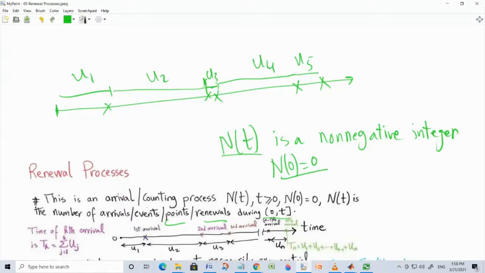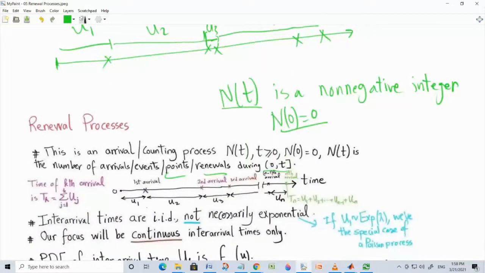If you choose those random variables to be exponential, then this will be the special case of a Poisson process. So the Poisson process is a special case of a renewal process, which is a special case of an arrival or counting process.